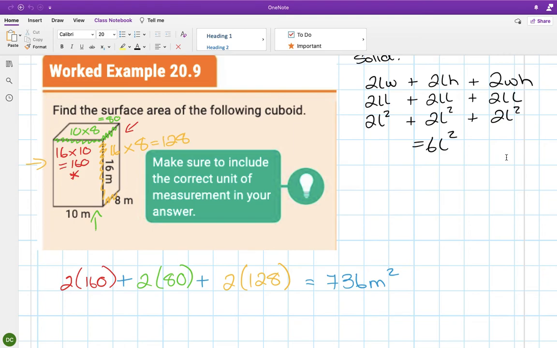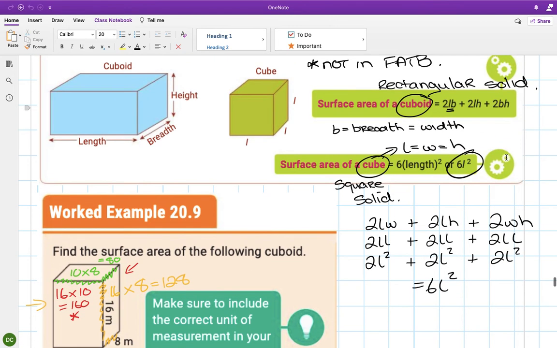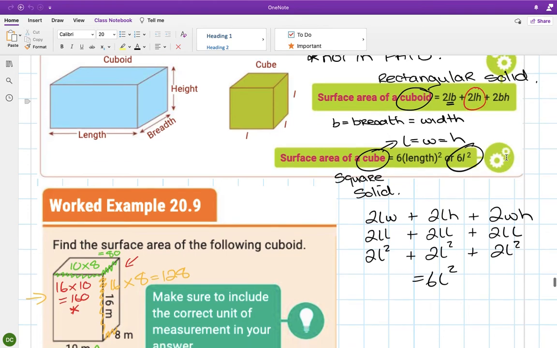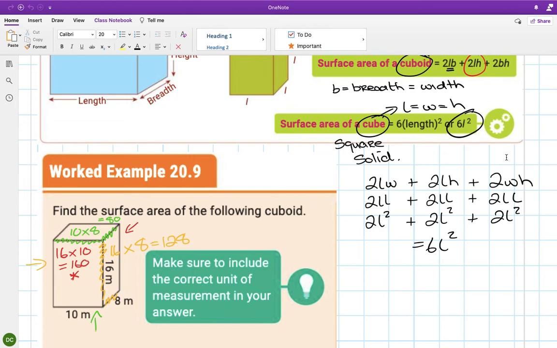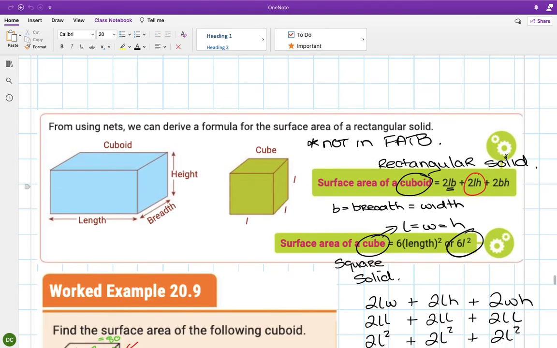And I did use the formula. Like in red, I did the length by the width. Actually, I didn't. In red, I did the length by the height. So that's like this one, and then I doubled it. In green, I did the length by the width.